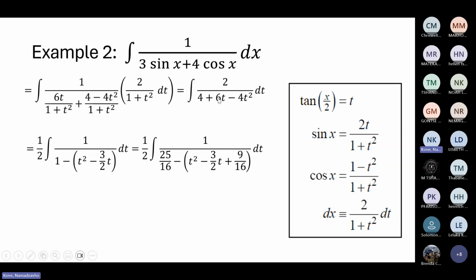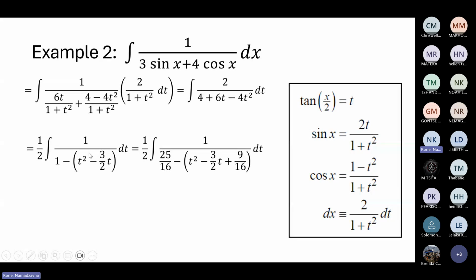Remember, here we've got a 3 over 2t, here we've got a minus t squared. We take a minus 1 out as a common factor, which is what you see here. That 1 that was created after taking out 4 as the common factor is this 1 that you see here. The minus sign here, if you multiply it inside, you will get back your minus t squared and your plus 3 over 2t. That came out of this 6t when it was divided by 4.